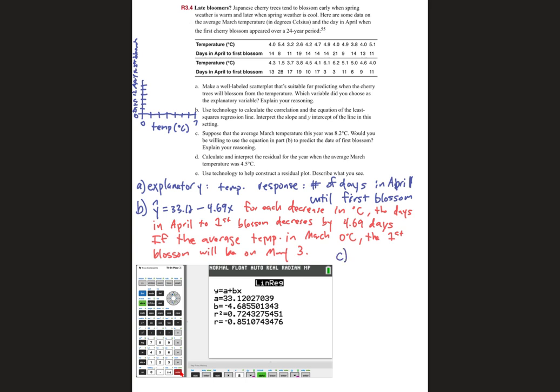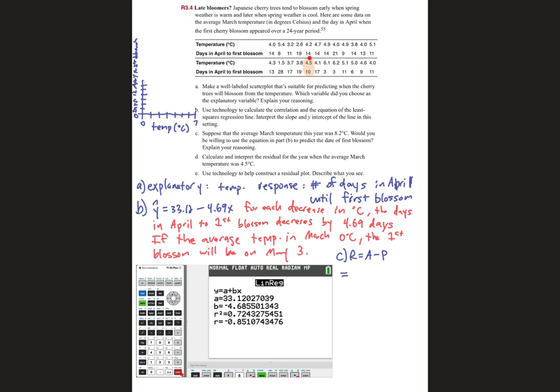Residual is actual minus predicted. If the average temperature in March is 4.5 degrees Celsius, we can find that in the table. So that's this point here.